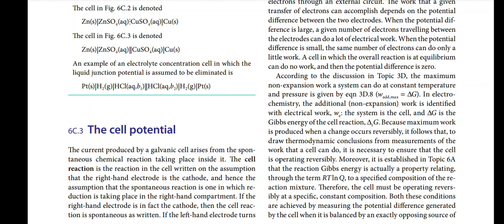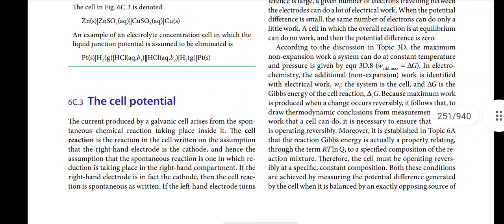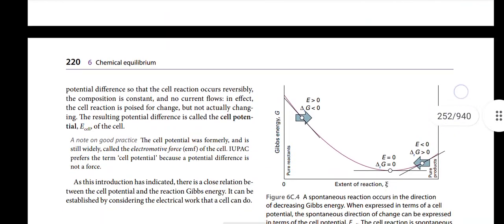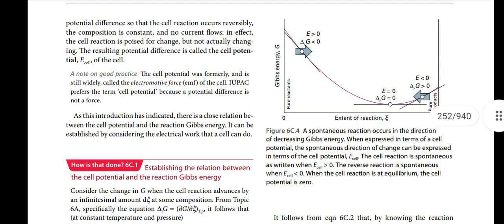Both these conditions are achieved by measuring the potential difference generated by the cell when it is balanced by an exactly opposing source of potential difference, so that the cell reaction occurs reversibly. The composition is constant and no current flows. In effect, the cell reaction is poised for change but not actually changing.